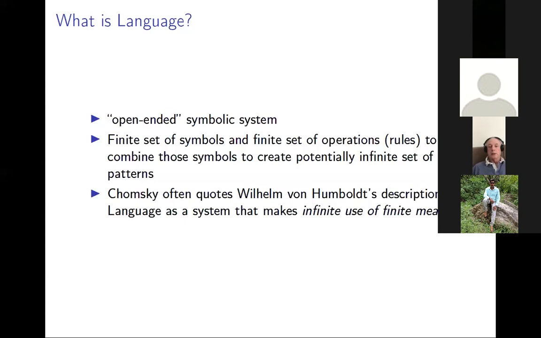This is what Chomsky quotes Humboldt's description of language as a system that makes infinite use of finite means. What he means is that language is always open-ended. You can always create a sentence which has never been uttered before. In that sense, it's open-ended.